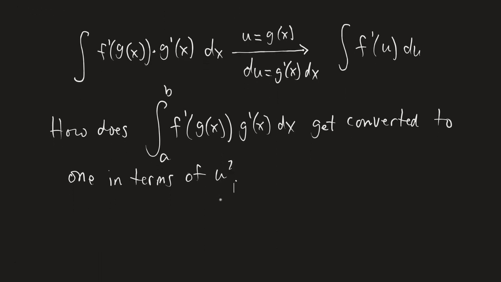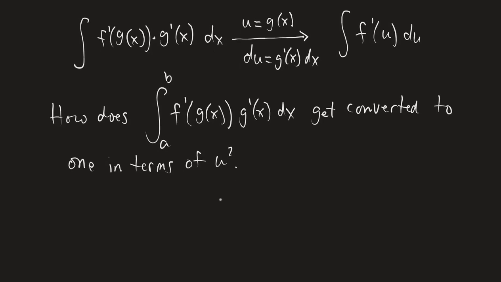Well, remember, there are four things that define a definite integral. You need the integrand, you need the differential, you need the lower limit, and you need the upper limit. The procedure above gives us a way of converting the integrand: f prime of g of x converts over to f prime of u.